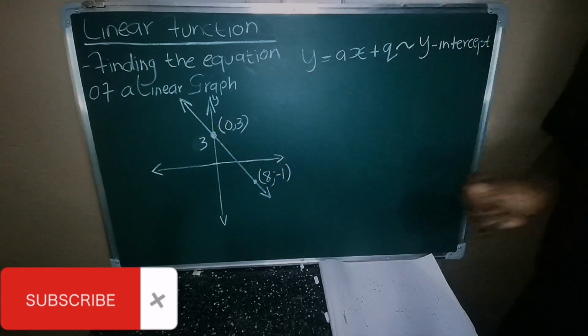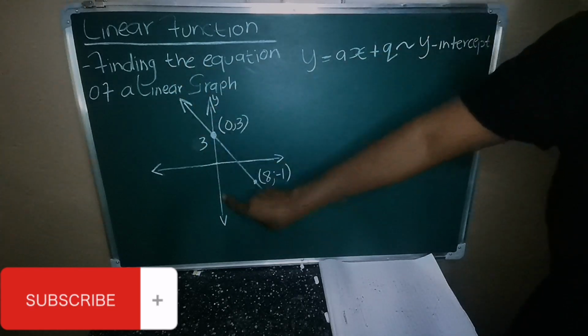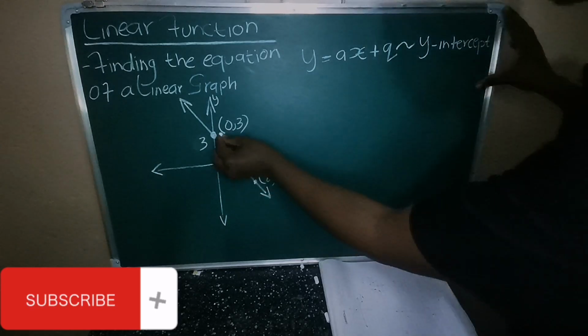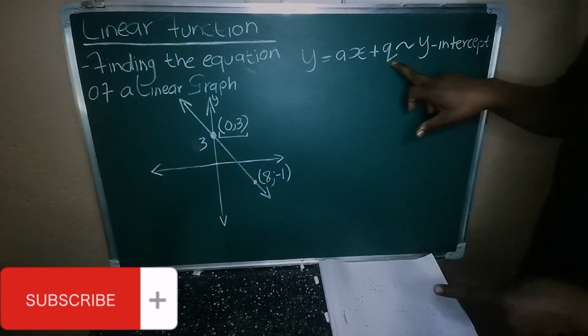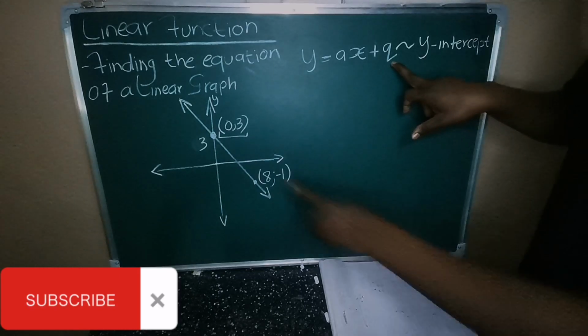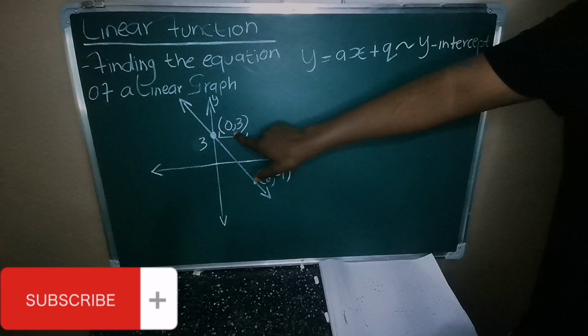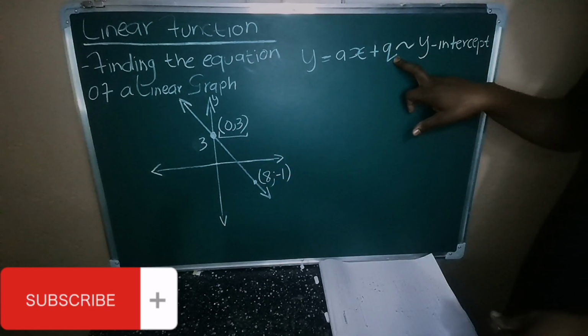Yes, I just told you, go to this line, which represents our y-axis, and any point that touches our y-axis is our y-intercept. Therefore, the coordinates of the y-intercept are 0 and 3. Now, the q represents the y-coordinate of our y-intercept. Between 0 and 3, which one is our y-coordinate? It is 3. So 3 will be our value of q, basically, in this case.